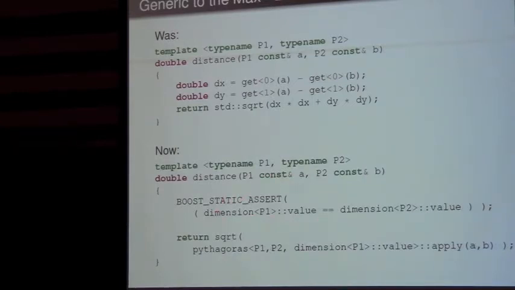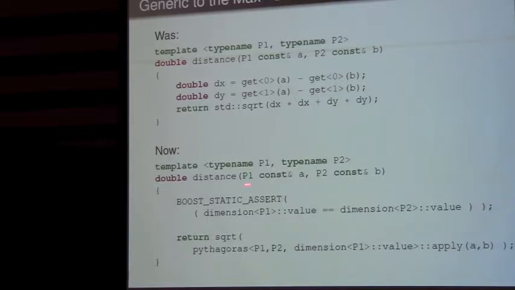Anybody know what boost static assert does? Gives you a compiler error at compile time if those things are not equal. Right. I'm going to get a compiler error, and I didn't add the message, but it would be nice if I did, right? Because we can add messages to static asserts. And it could have said something like, hey, bozo, these two types have different dimensions and I don't know what to do with them.